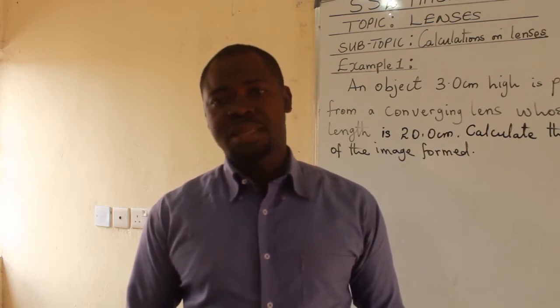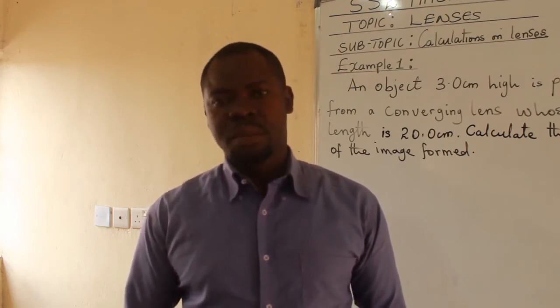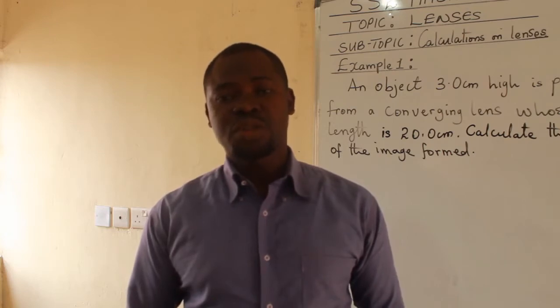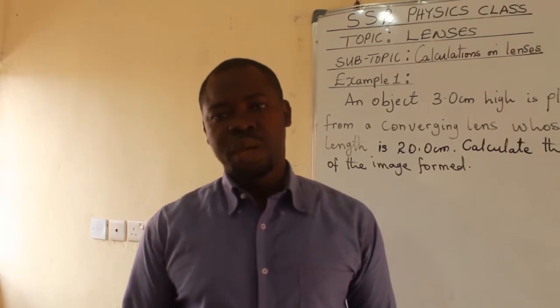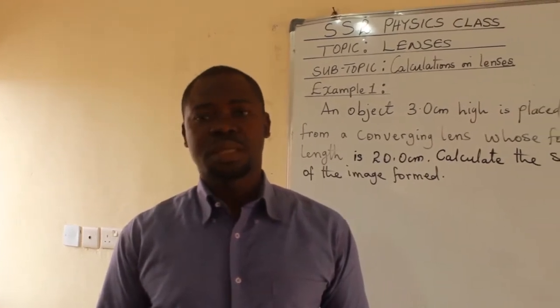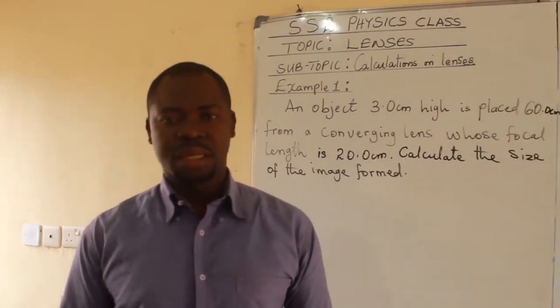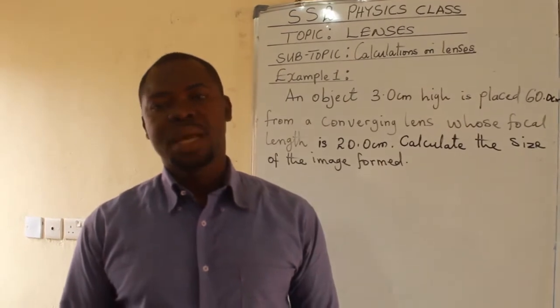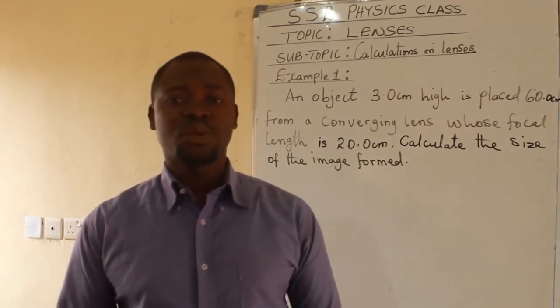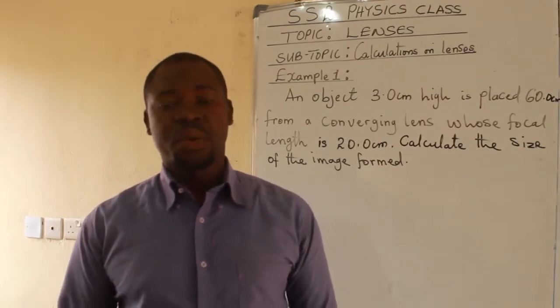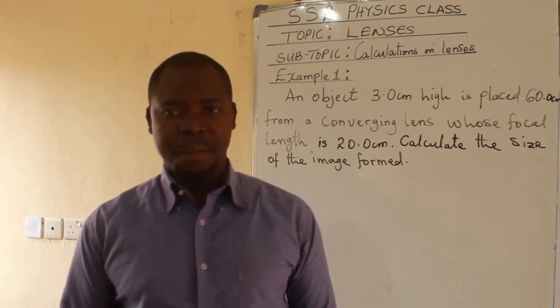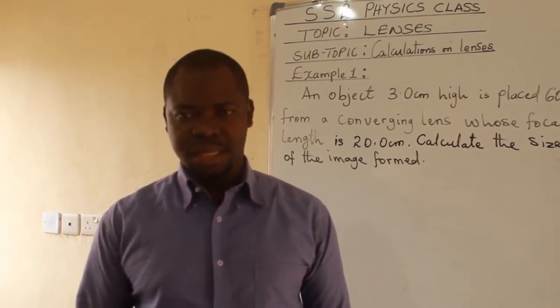We are looking at lenses today, where we shall concentrate on solving some problems on lenses. We have dealt with lenses theoretically, where we said basically we have two types: the convex lens and the concave lens.